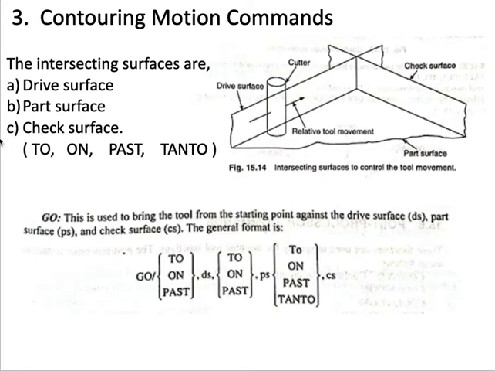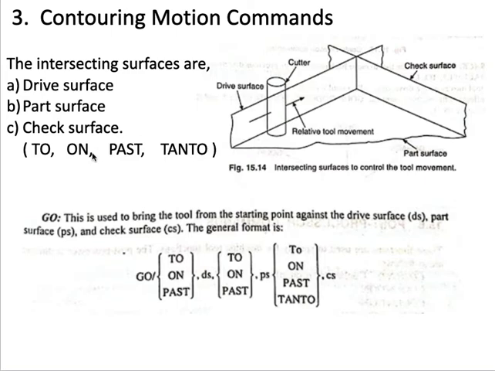And third is the check surface. This is the surface that stops the movement of the tool in its current direction. Four modifier words are used to stop the movement of the tool. TO moves the tool into initial contact with the check surface.